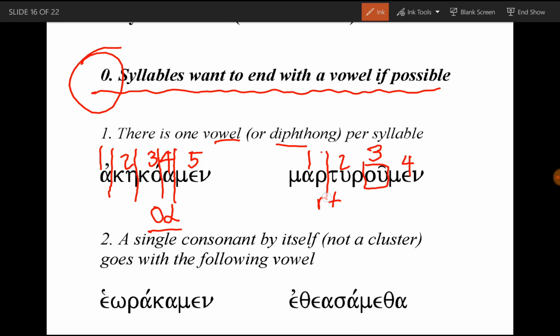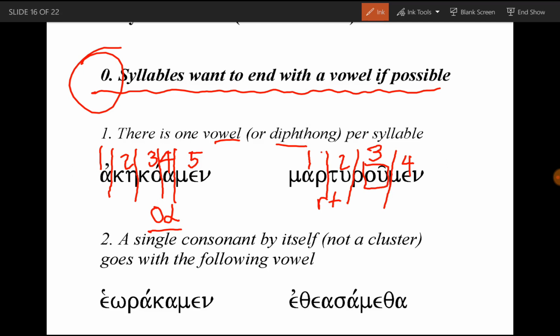So I'm going to draw this as mar, tu, ru, men. That's how you would break up this word: marturumen. This means we are witnessing. We are witnessing. So, marturumen.